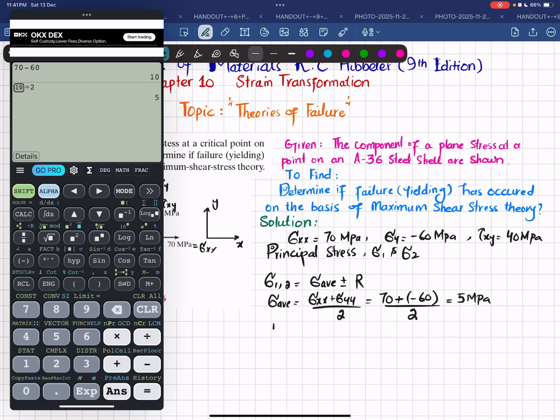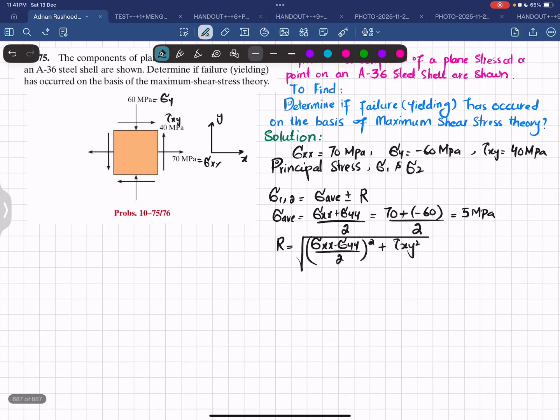And what is R? R is equal to the square root of sigma x minus sigma y divided by 2, whole squared, plus tau of xy squared. Okay, so just put in the values.